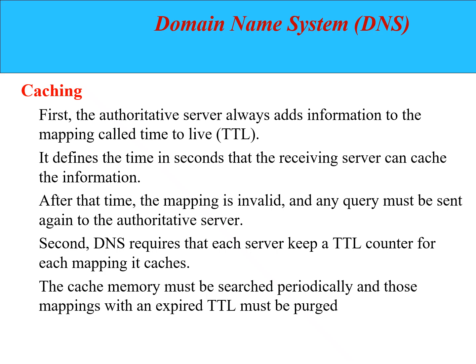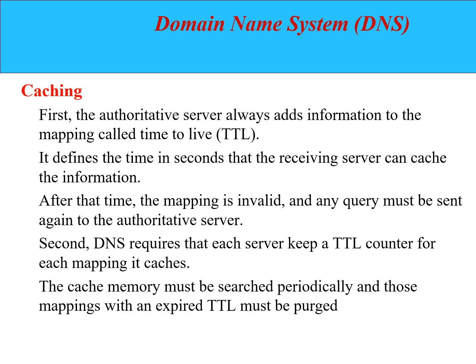One is a parameter called TTL. TTL is basically called your time to live. Time to live means how long that data will be valid. The authoritative server adds information to the mapping called TTL. It defines the time in seconds that the receiving server can cache the information.